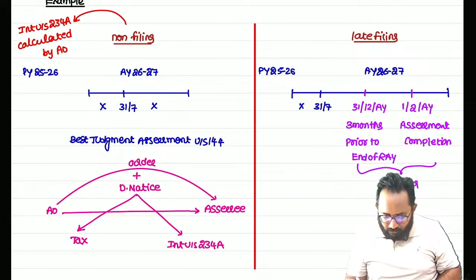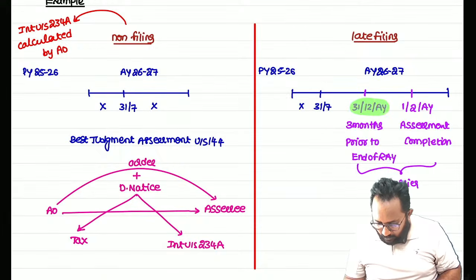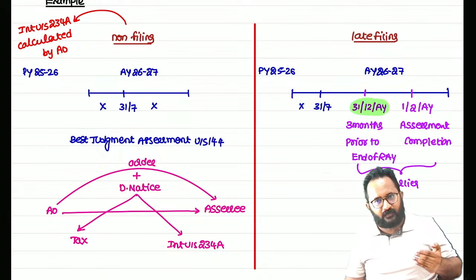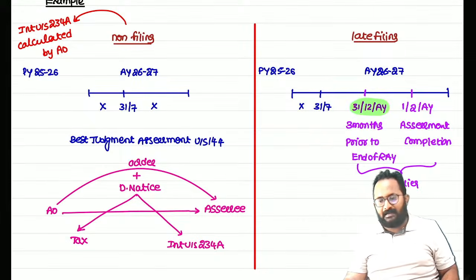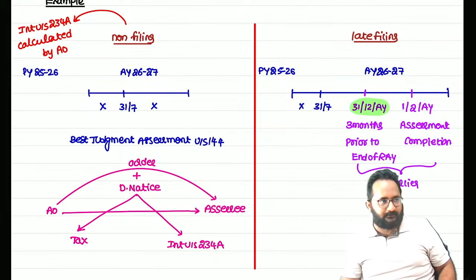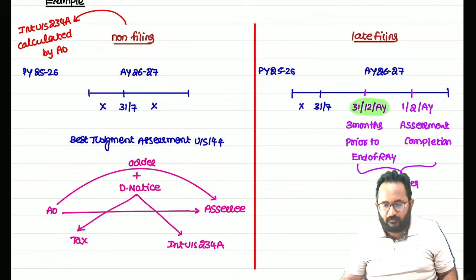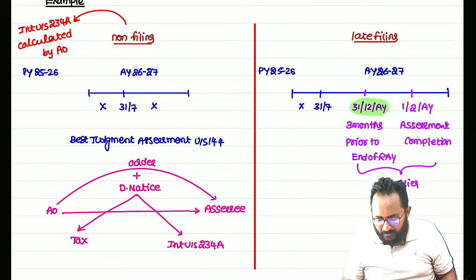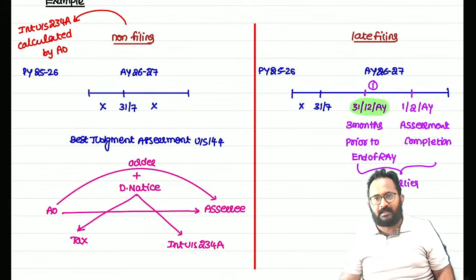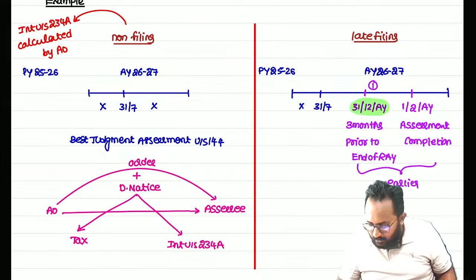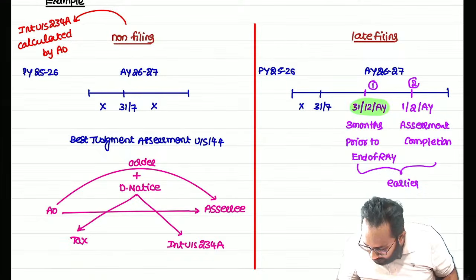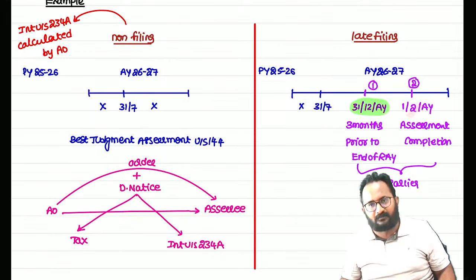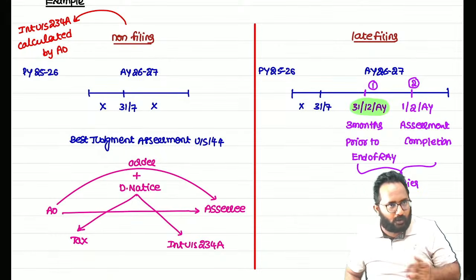Earlier date, yes, what is the date, this one. On or before the date you have to file the return. Belated return provision, section 139 subsection 4, clearly says whichever is earlier of the 2 dates: one is 3 months prior to the end of the relevant assessment year, second one, assessment completion. In exam, they will give you assessment completion data that we don't know.